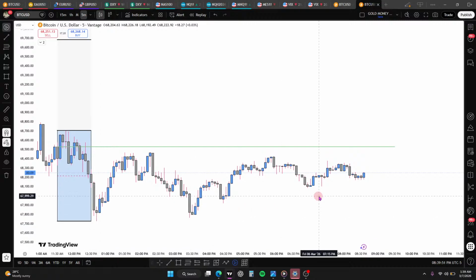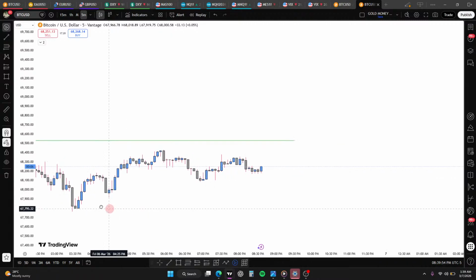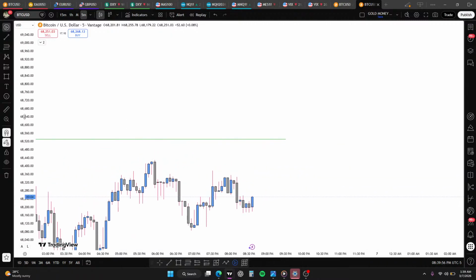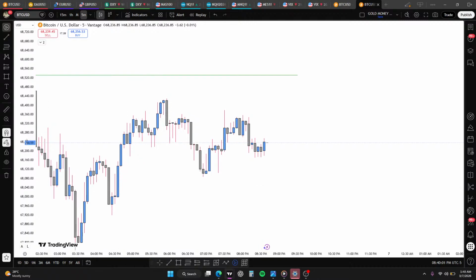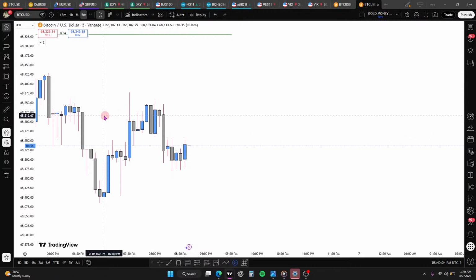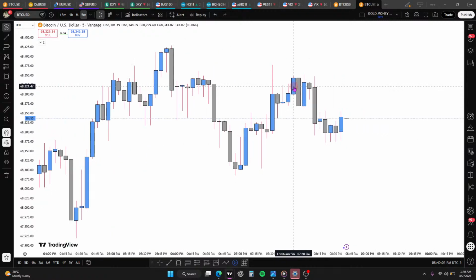Then price very recently formed a propulsion block here, and I've actually, swear to God, only just noticed that this is a propulsion block now, and it is actually a propulsion block.